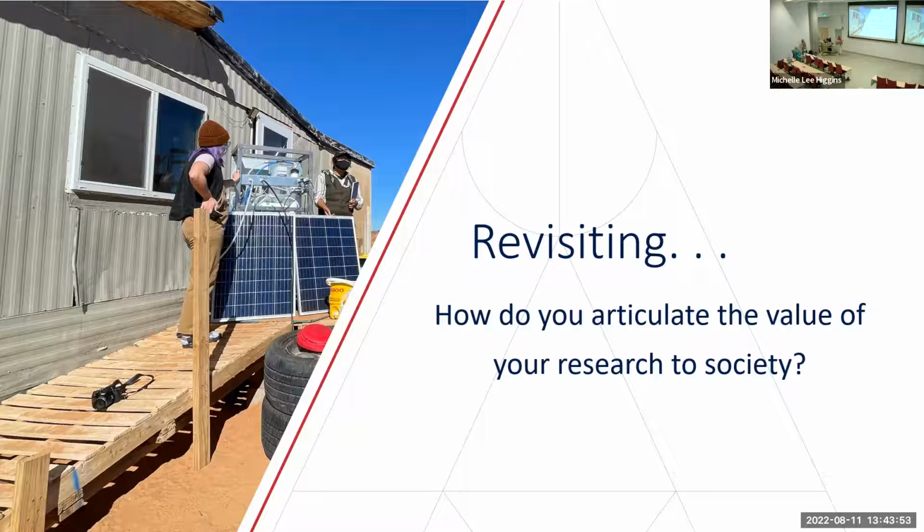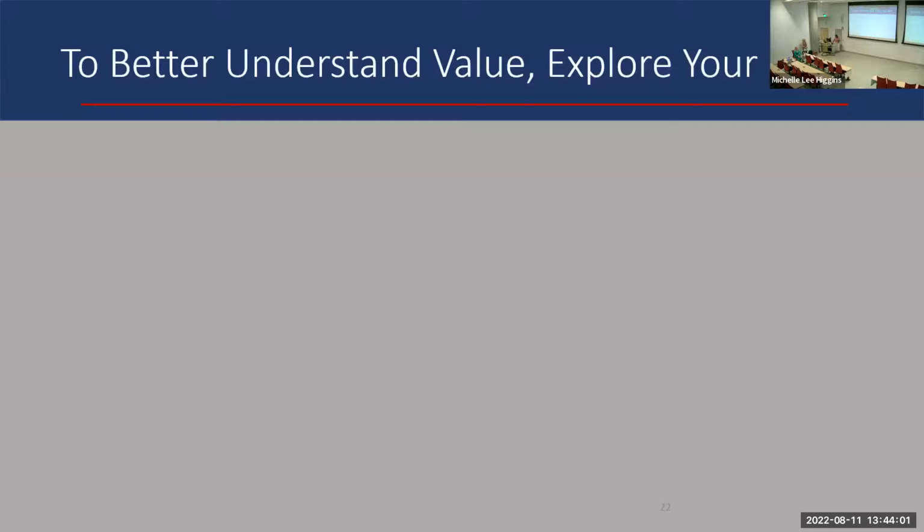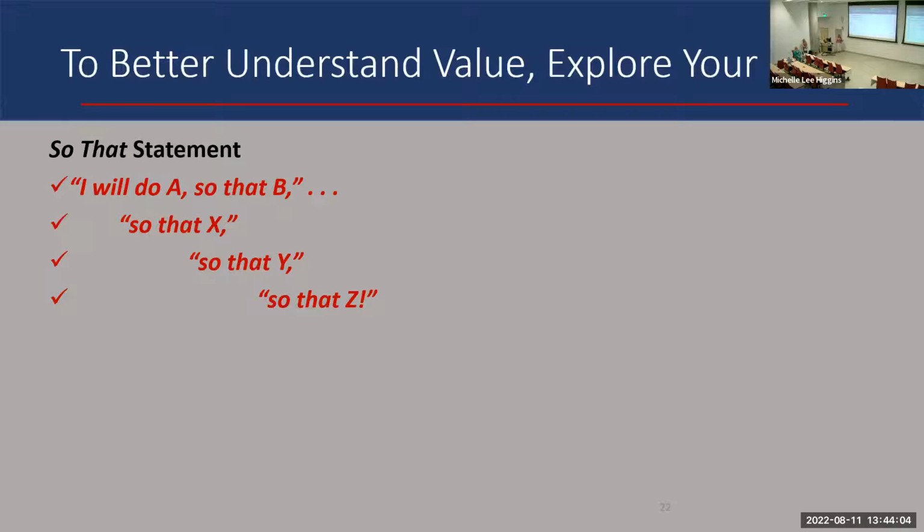Maybe you haven't gotten that far. So we're going to back up just a little bit and give you a chance to think about that. And this is just one way to do it. It's called a so that statement.